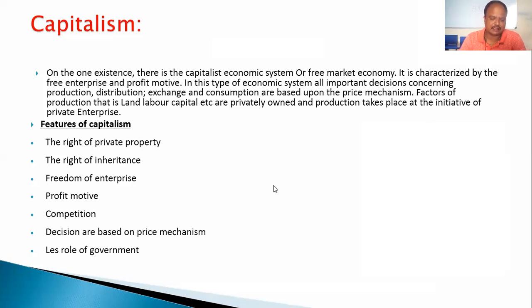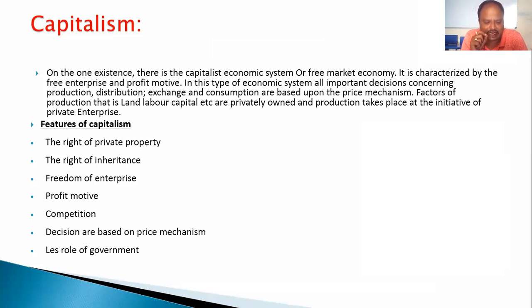What exactly is capitalism? On the one hand, there is the capitalist economic system or free market economy. It is characterized by free enterprise and the profit motive.